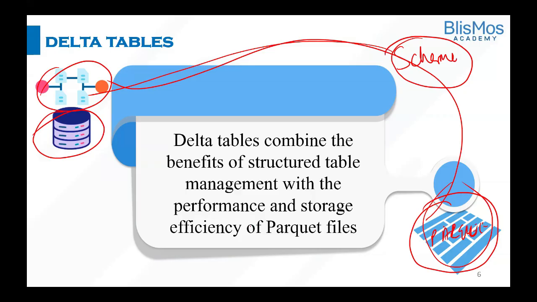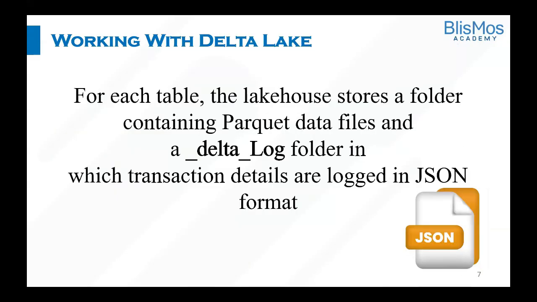In a way, we'll get the benefit of structured table management with the performance and storage efficiency of the Parquet files. Because if you want to store the data in a table, that may take more space as compared to storing the data in a columnar compressed Parquet file. Okay, so it will make things more clear.